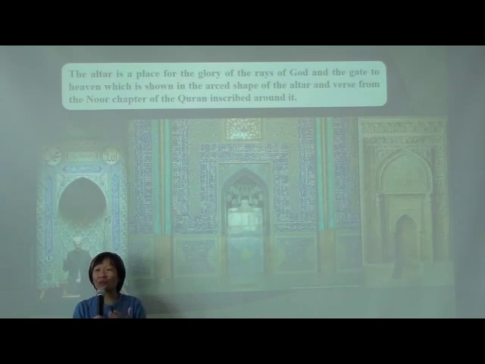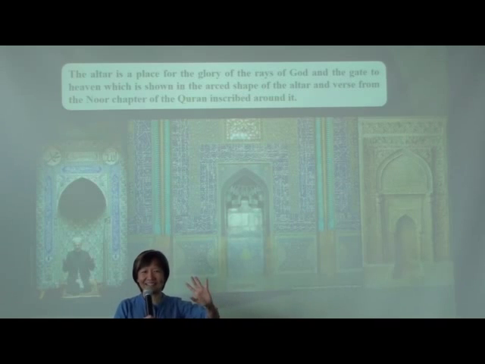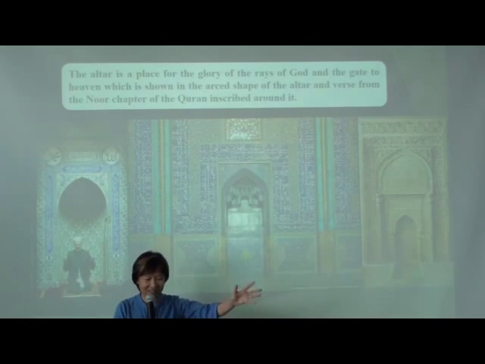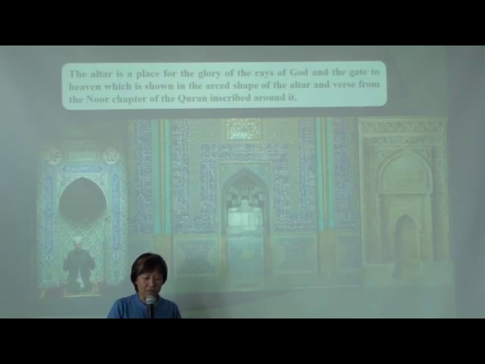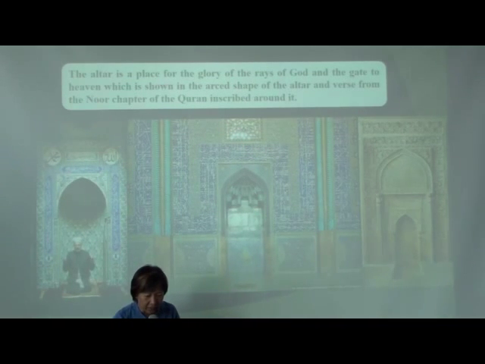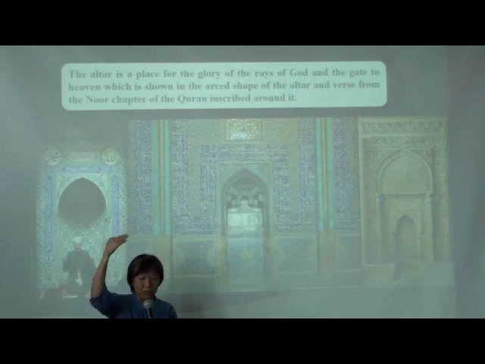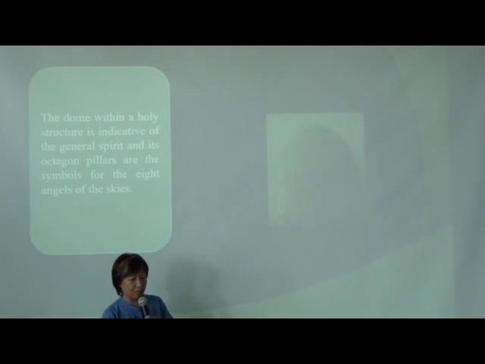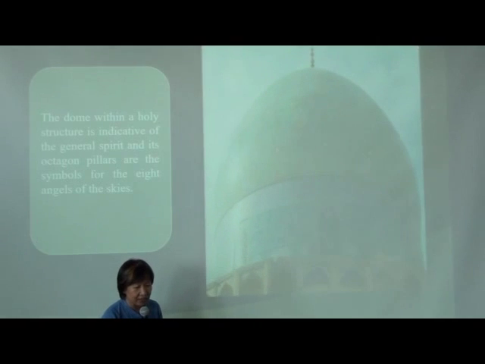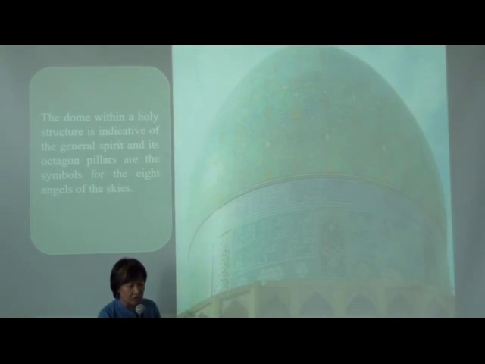Yeah, that's why when you go to Dubai, the Middle East, you will see peacock in the palace or somewhere. So I was wondering why. So a lot of bluish, greenish color. Okay, and it's closer to the heaven. That's what was mentioned. Also, the exterior dome within the holy structure indicates the general spirit in this shape.